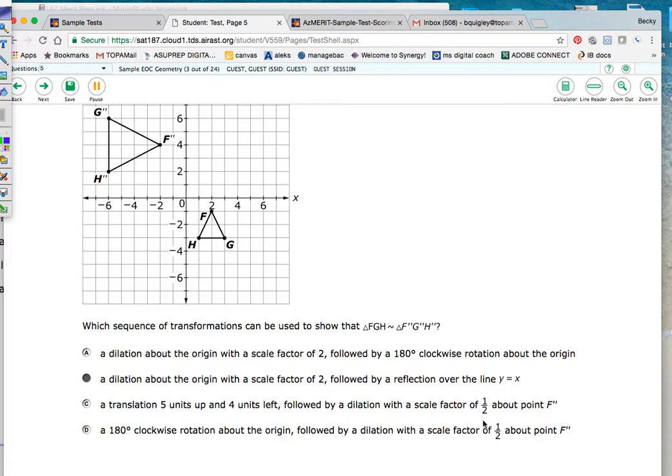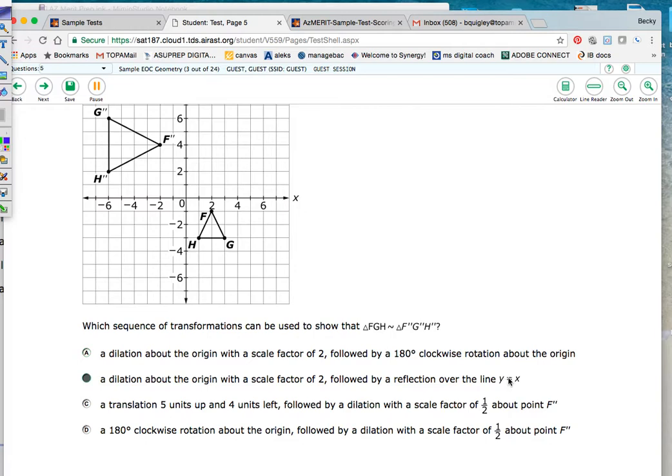So right away, you can get rid of answers C and D. And then from that point, you just need to determine which one of A and B is true. The only difference between these two answers is that you either had a 180 degrees clockwise rotation or a reflection over the line y equals x.